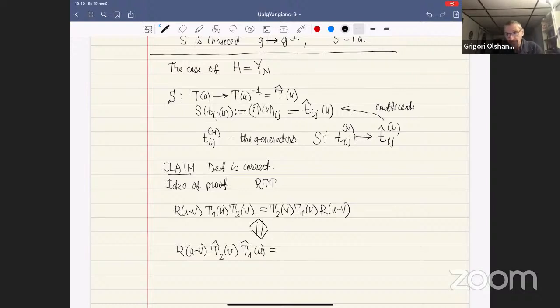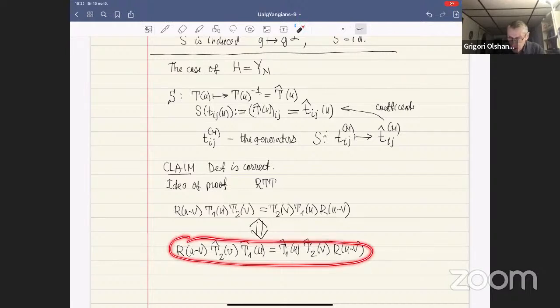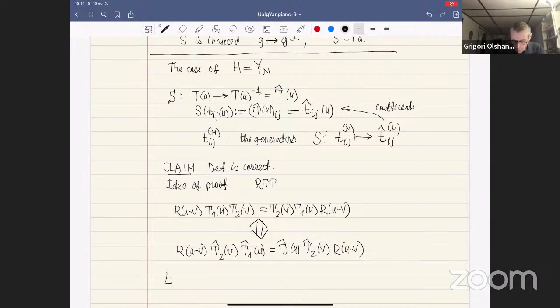So the trivial fact is that this relation is equivalent to this one. A little bit not evident is to show that such a relation is equivalent to the fact that we have an anti-homomorphism.